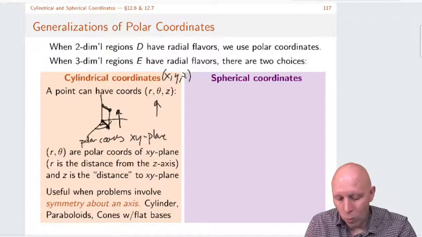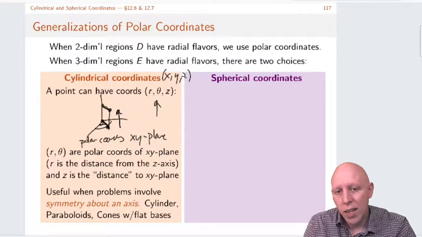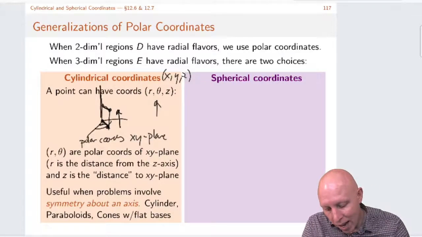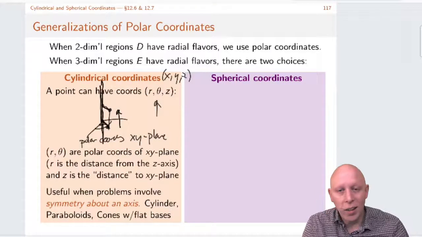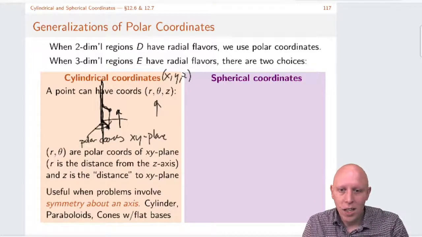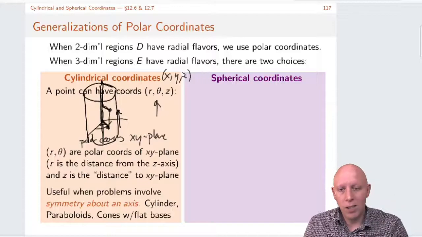So when do we use cylindrical coordinates? What is the right frame for that? That's when we have a problem that involves symmetry around an axis. So you set your axis to be the z direction, and so that's if, let's say, we have some cylinder that has symmetry about an axis.